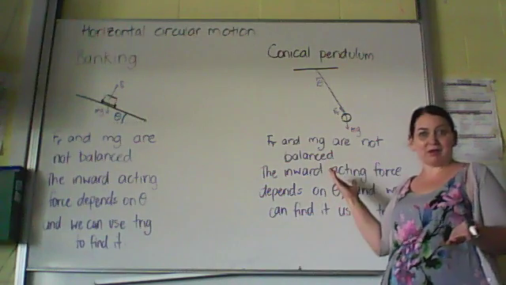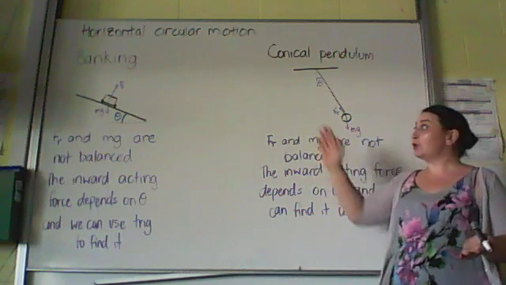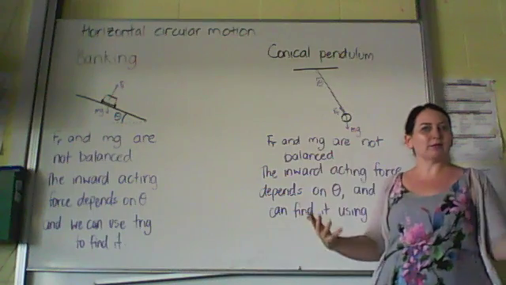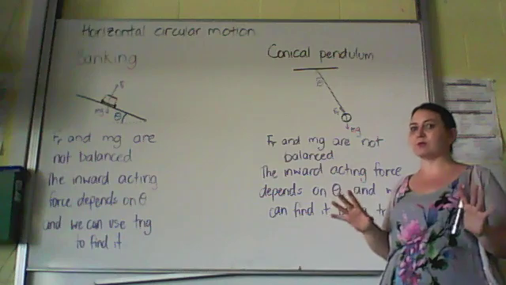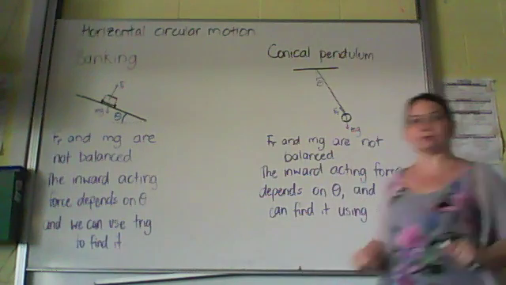So, we're going to solve some problems about this in class, but for now, you just need to be thinking about, do I know how to resolve forces? And if the answer is yes, then you're well on your way to being able to solve all these horizontal circular motion problems with absolutely no issues whatsoever.